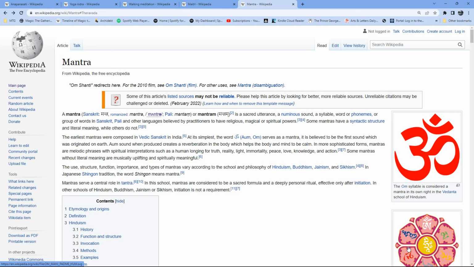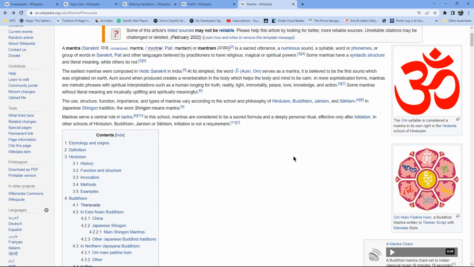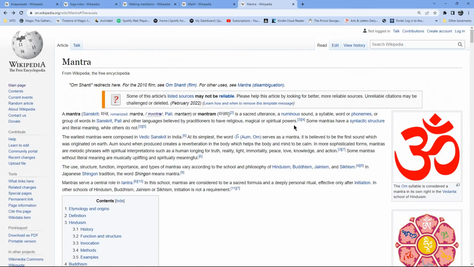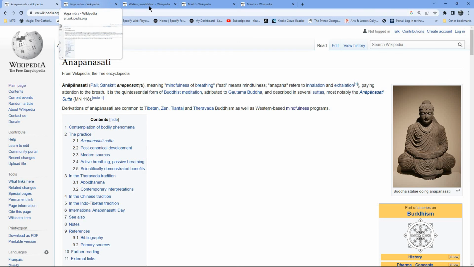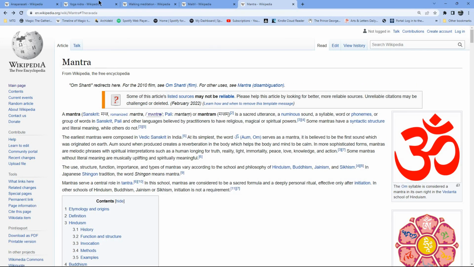And of course the other interesting thing about a mantra is you can combine that with things like suttas as well on various things. So there's, like I said, interesting crossovers, but I'll include links to all the various Wikipedia articles that cover the 5 different types of techniques that I've spoken about.